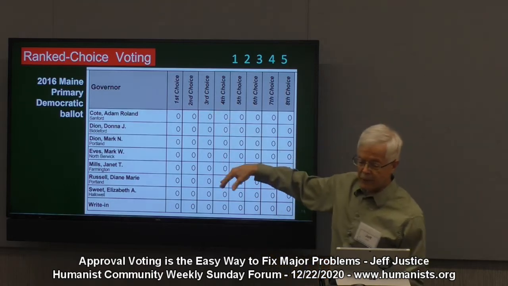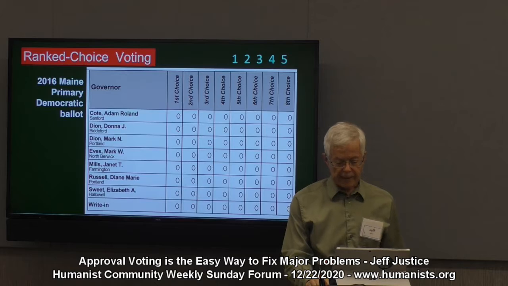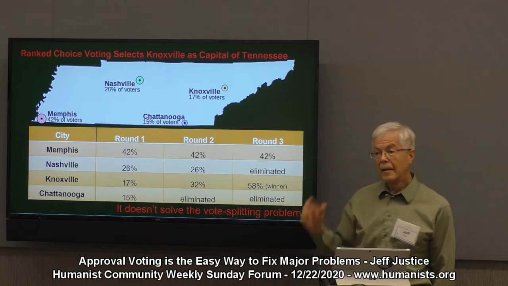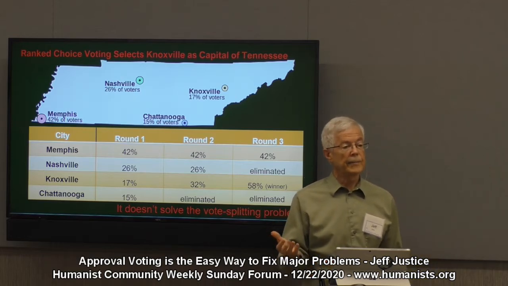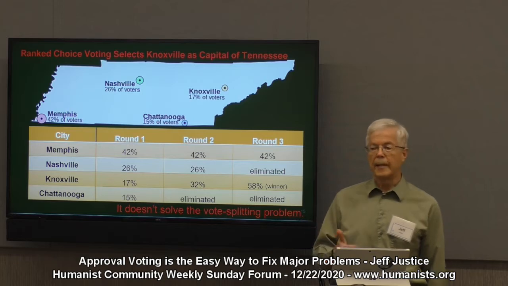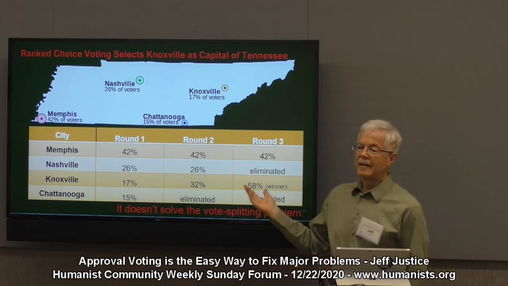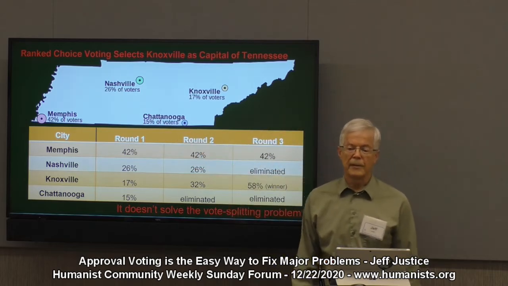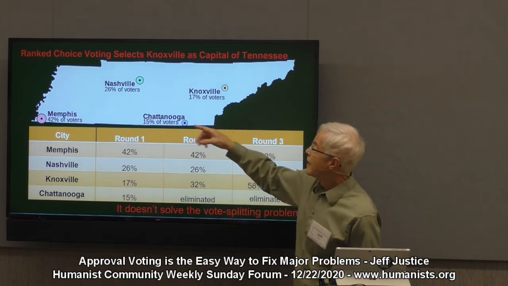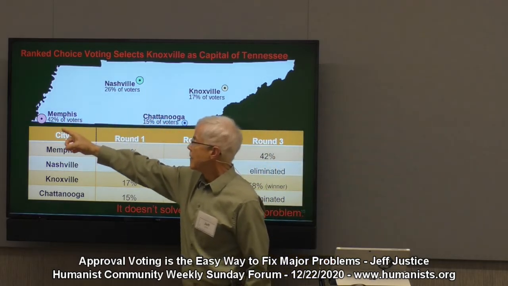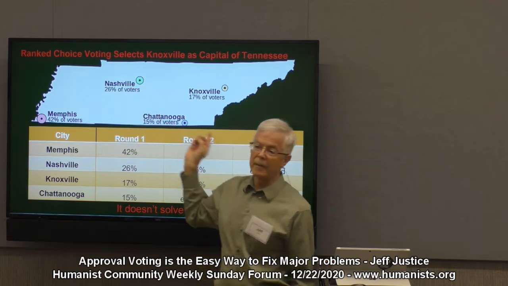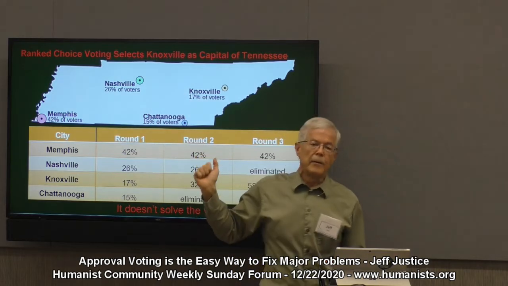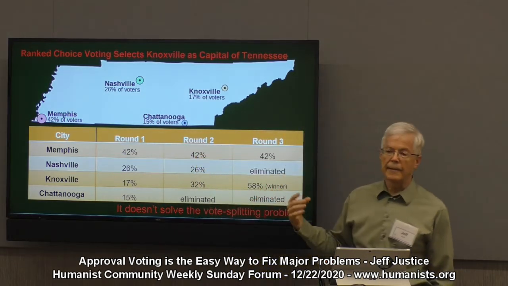But it's so complicated that it takes a little analysis, and this next slide shows a particular analysis. So the hope is that ranked choice voting solves the vote splitting and spoiling problem. And this is a graphical example of how it handles a vote split. And so what we have is an election for the capital of Tennessee, and the voters vote in their self-interest, so they vote for the city that's closest to them.